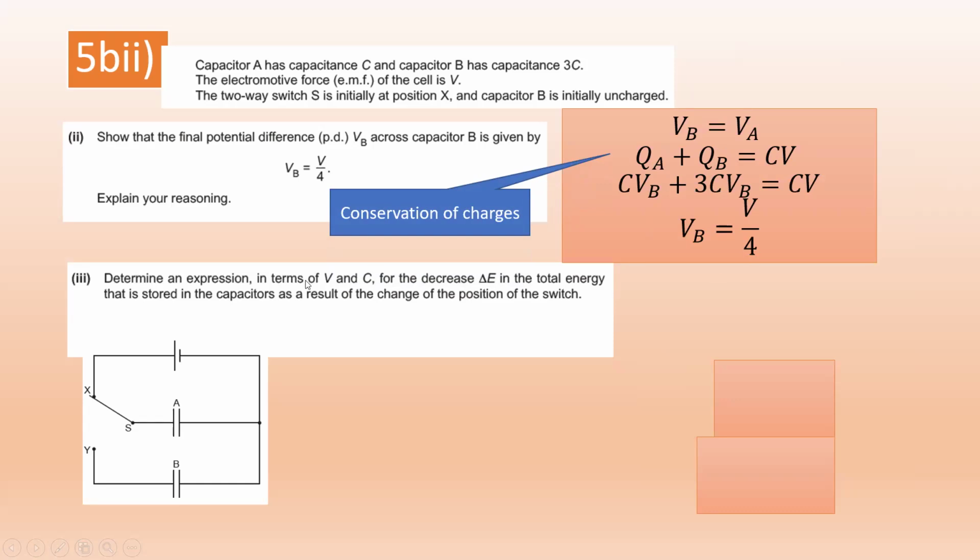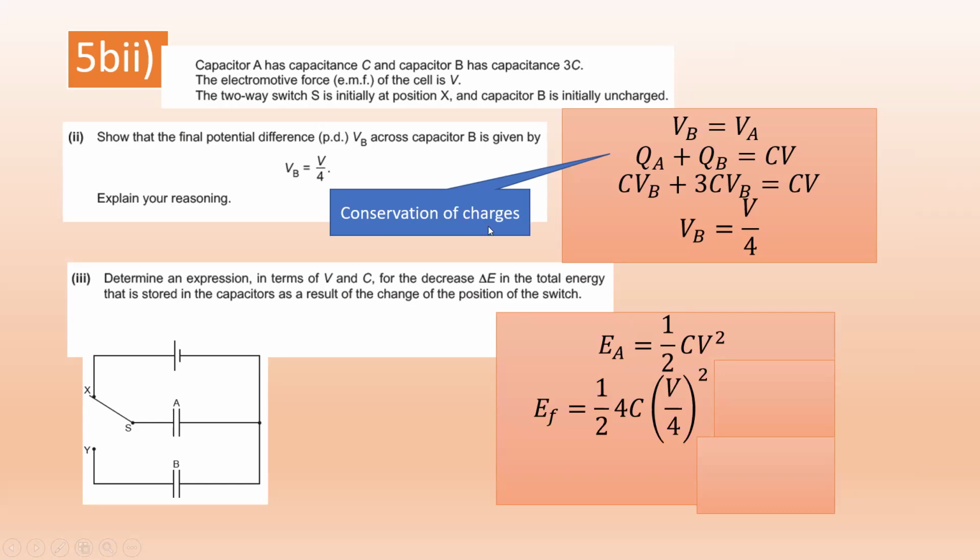Determine the expression in terms of V and C for the change in the total energy stored in the capacitors as a result of the change in position of the switch. That's the initial energy stored. Final energy: these two are now in parallel, so 3C plus C is 4C.